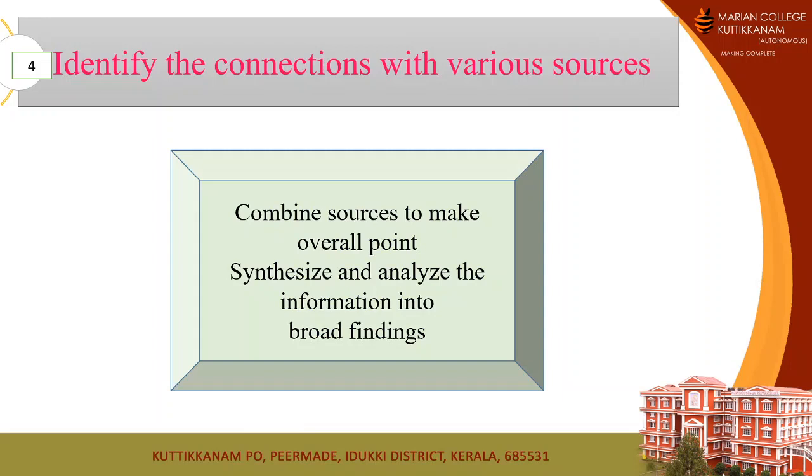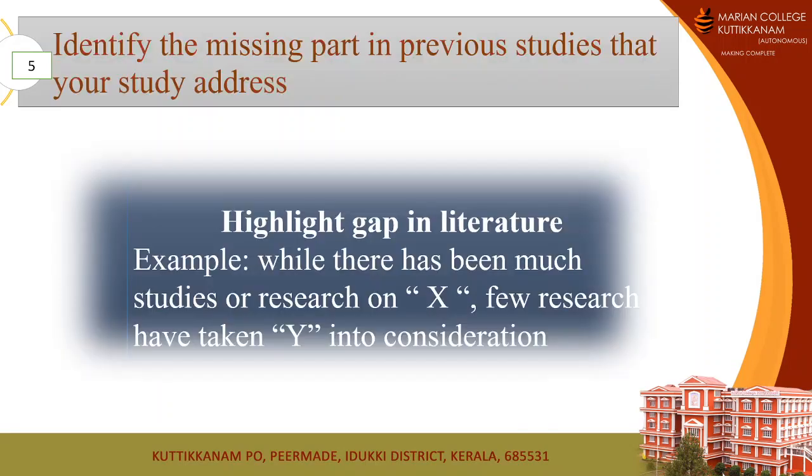Then the fourth step is that you need to identify the connections with various sources. You can combine the sources to make an overall point, or you can synthesize and analyze the information into broad findings. And the last part of the literature review is that you need to identify the missing part, that means our research gap, in previous studies that your study is going to address.